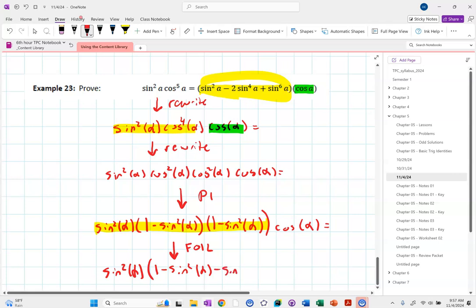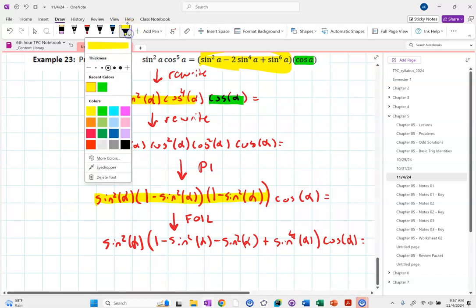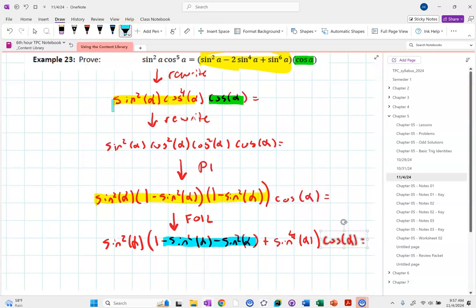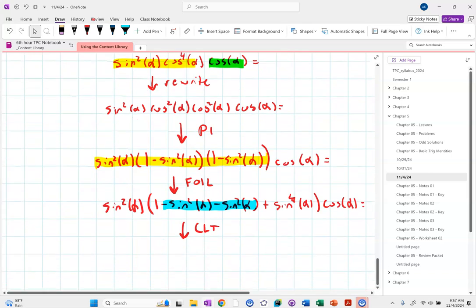Negative sine squared times 1 is negative sine squared. Negative sine squared times negative sine squared is positive sine to the fourth. And then these two guys I could combine, right? So just do some combining of like terms there.